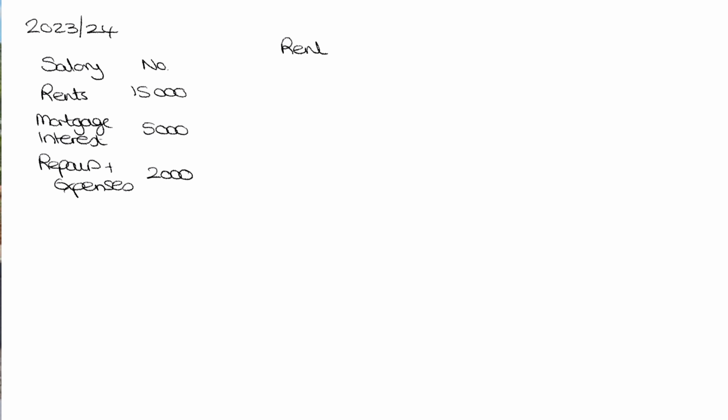Which now means when we look at our rental profits, because we've got no other income to report at this point, we now will take our 15,000, take off our 2,000 to give us 13,000 profits. Now, before we get into our tax calculation, what we need to do is start looking at a few things.